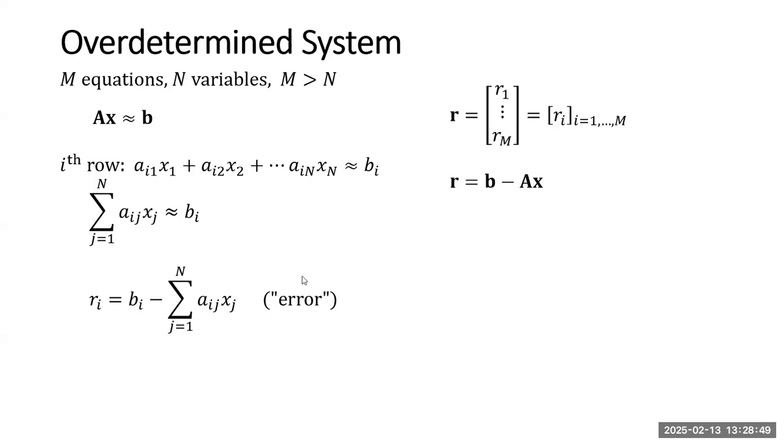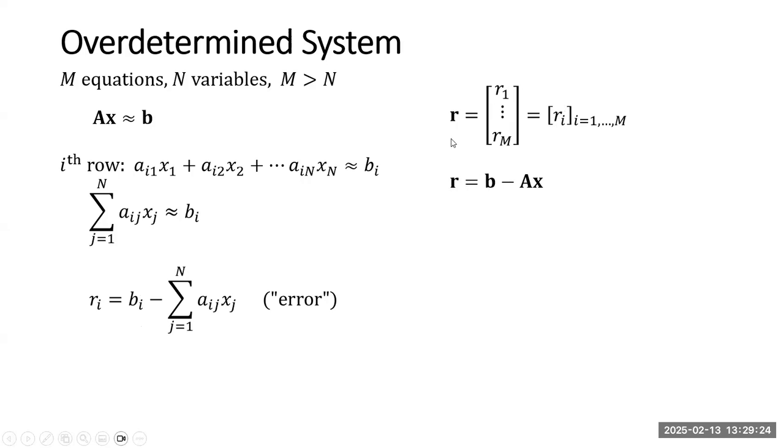In terms of vectors, the vector of errors is r1 through rm. And by the way, throughout this course, this will be a shorthand notation for the vector r1 through rm, r_i where i is from 1 through m. Since r_i is equal to this, we have r equals b minus Ax.